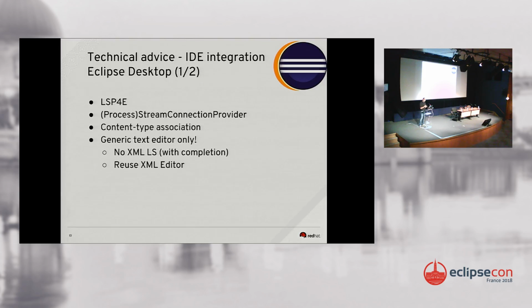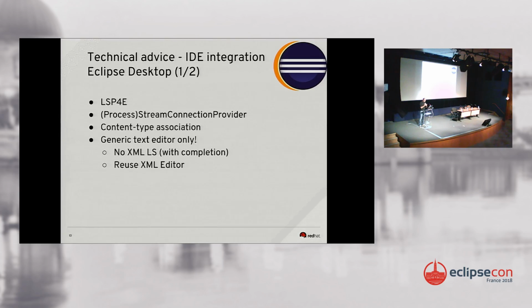And why is it the case? It is also because there is no language server for XML, at least with completion for now. We also need to think, when you are combining some different languages in the same file, that different language servers are providing help. This is still a young technology.